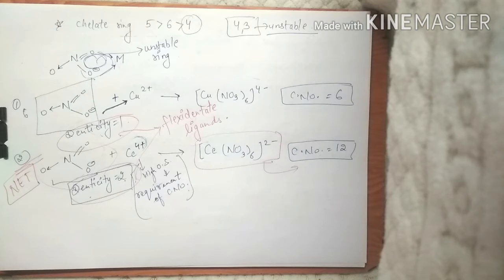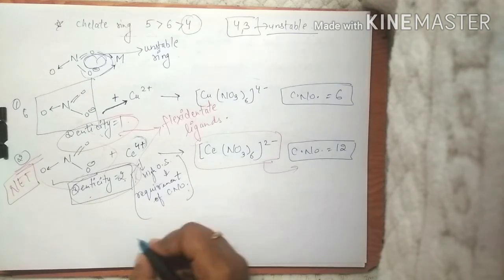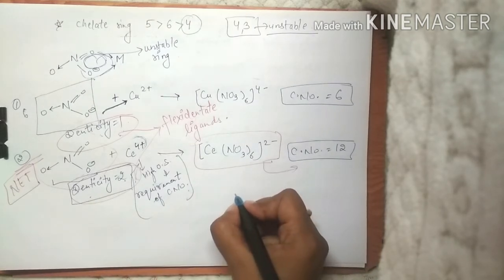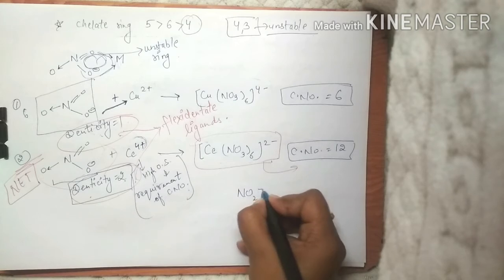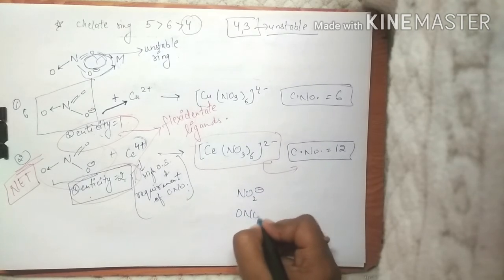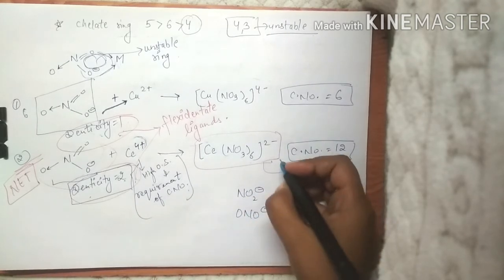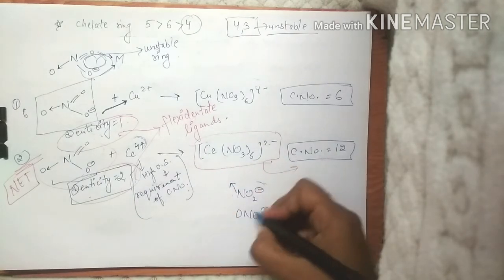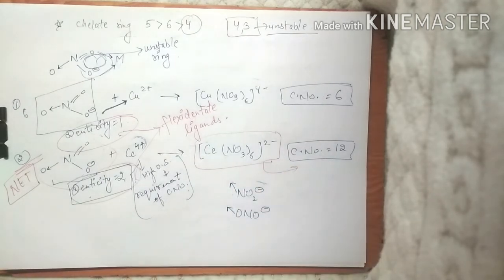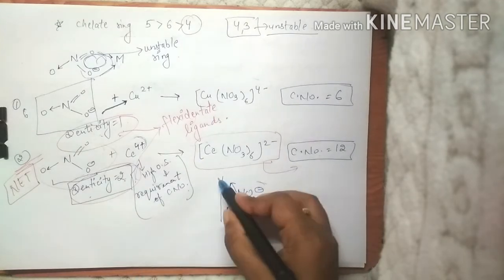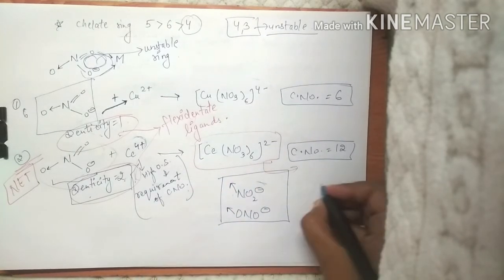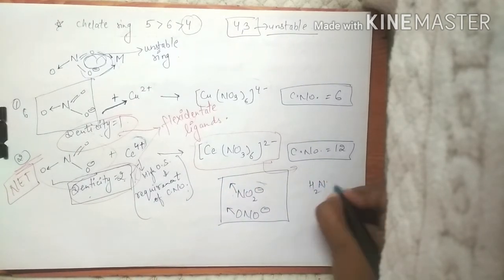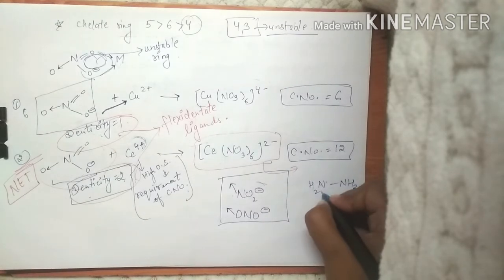Now, while showing you the examples of ligands, I showed you two examples, which were NO2 negative and ONO negative. There I mentioned that in this case donation is from the nitrogen site, and here the donation is from the oxygen site, right? So consider these two ligands along with one more ligand, that is NH2.